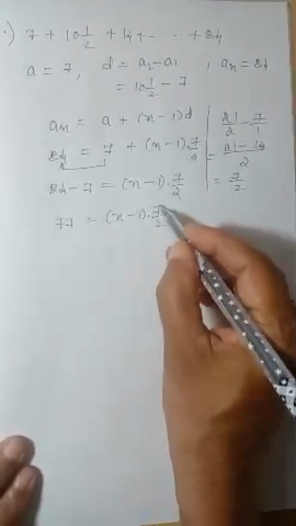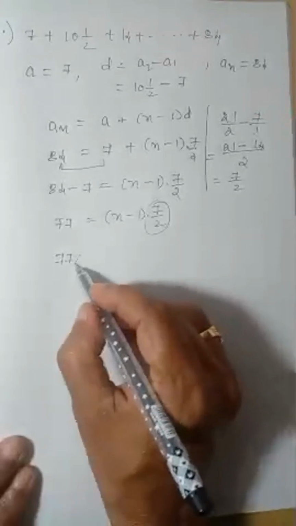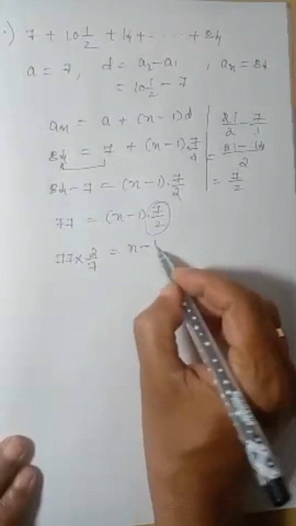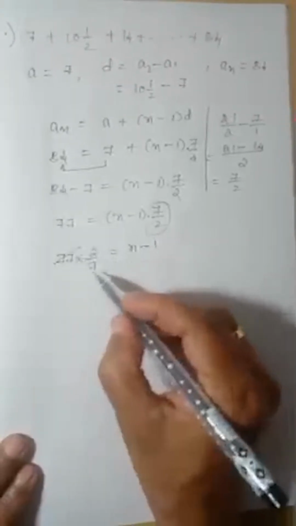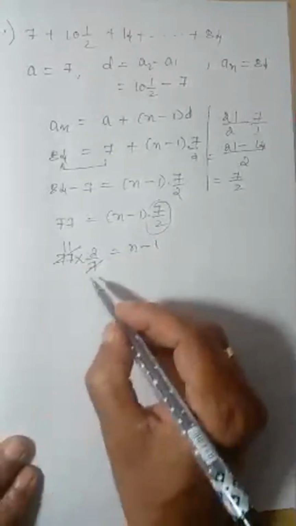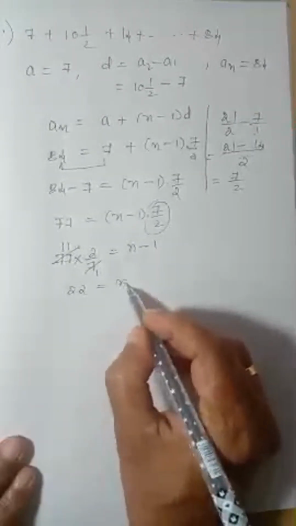Since there is a multiplication sign, take the reciprocal: 77 into 2 by 7 is equal to n minus 1. Divide 77 by 7: 7 ones are 7, 7 elevens are 77. 11 twos are 22, which is equivalent to n minus 1.